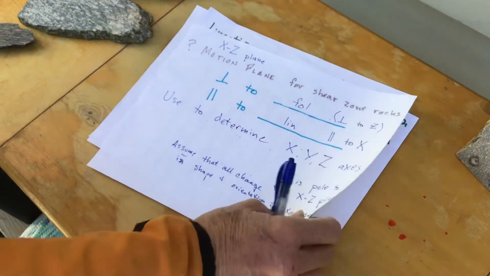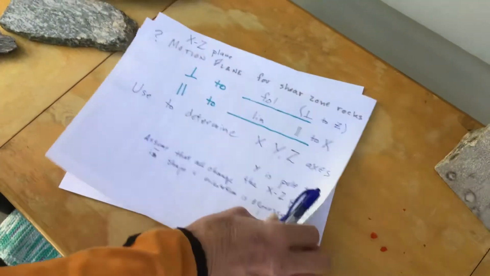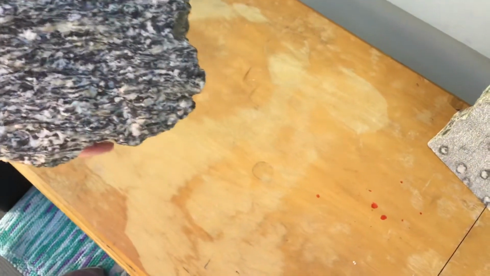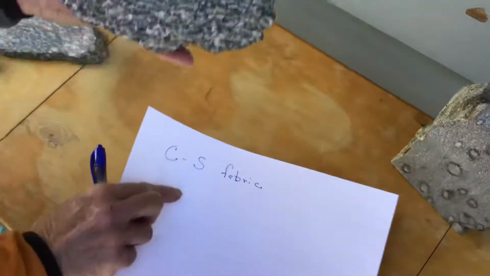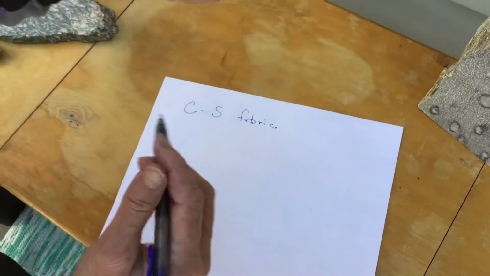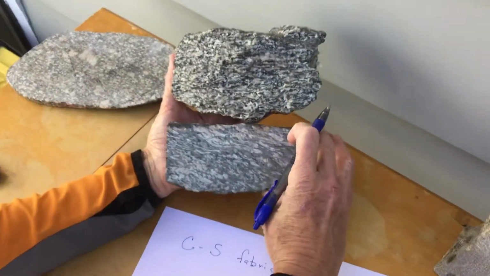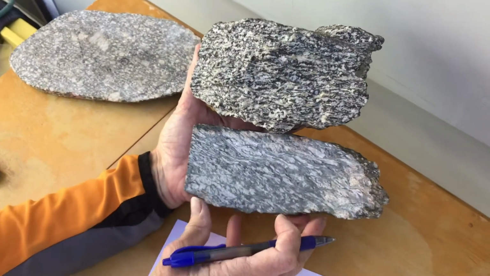Now, a trick with this sample, which is an SC mylonite, is there's more than one foliation. This sample, and I'll put two of them here to be both in view.